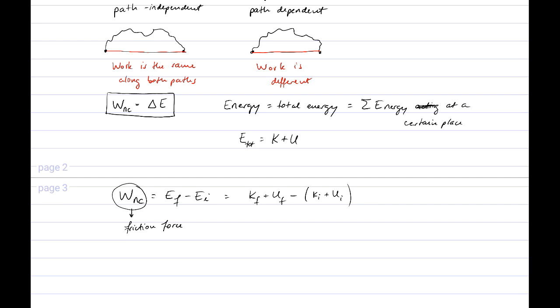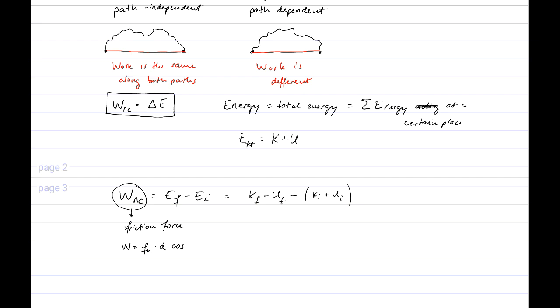So the work done by friction force is friction, so that's kinetic friction because we need the object to be moving, times the displacement times cosine of the angle between friction and displacement.